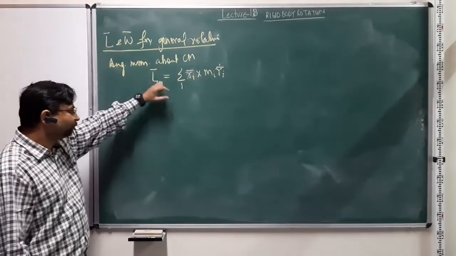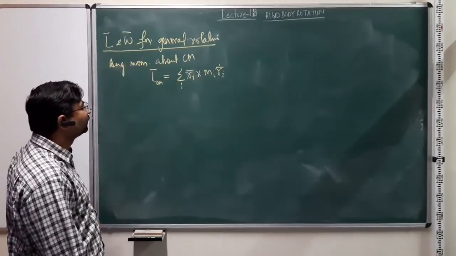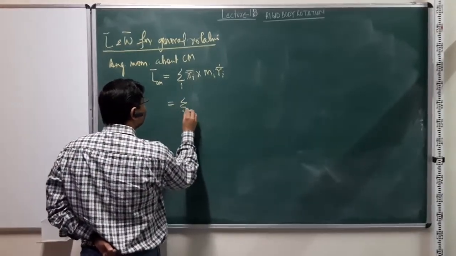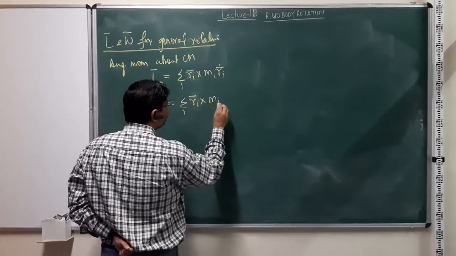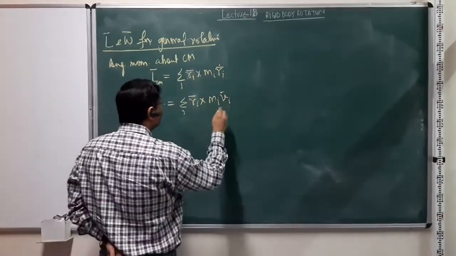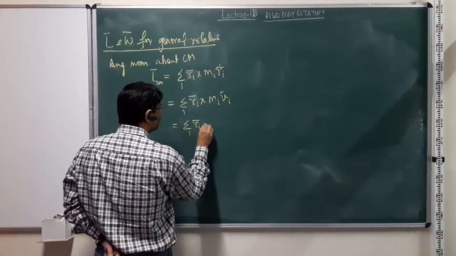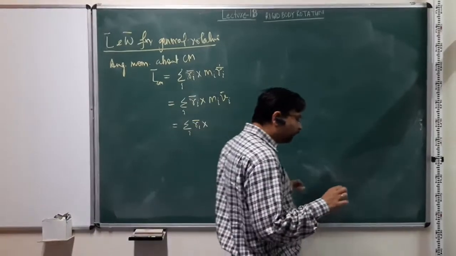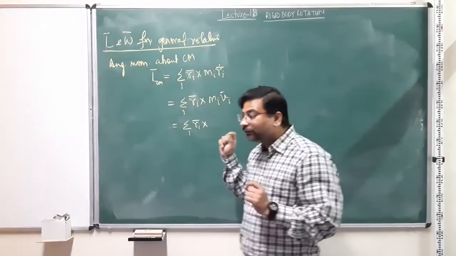This is true for all cases of rotation, be it general or fixed axis. Now we can write this as the sum over i of Ri cross, a cross product of two vectors, Vi. And now recall that we wrote Vi as omega cross Ri. Again, we are only considering the case where this vector Ri is not changing its magnitude.